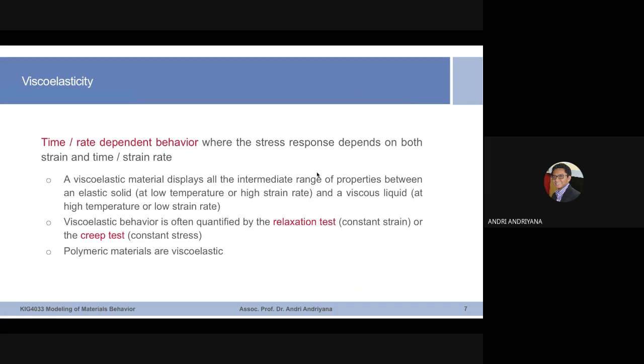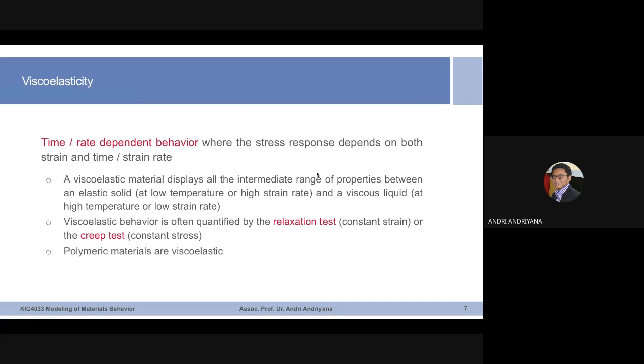The typical characteristic of a viscoelastic material is that it may become closer to an elastic solid or closer to a viscous liquid depending on temperature or strain rate. If you bring the viscoelastic material to low temperature, or load it at a high loading rate, high strain rate, the response will tend to move close to an elastic solid.